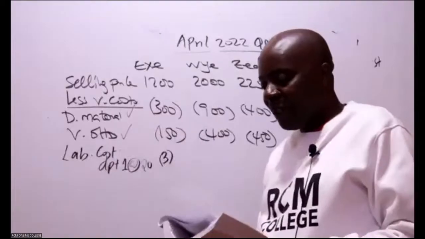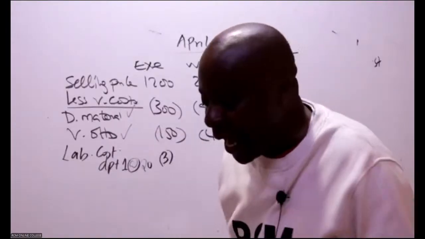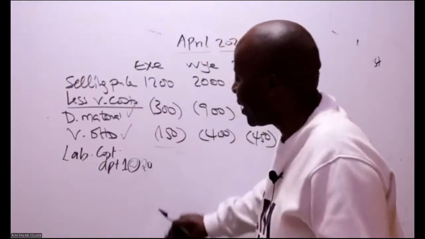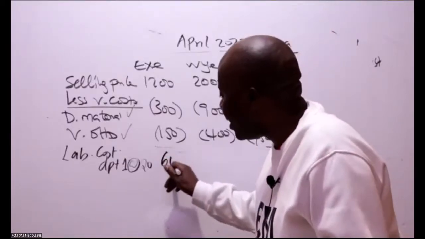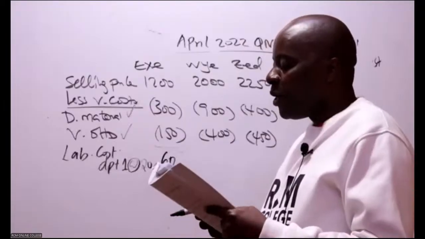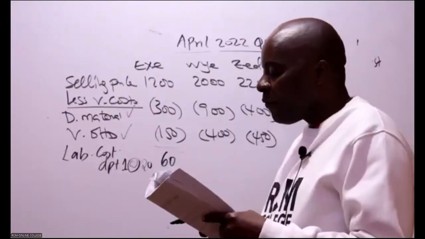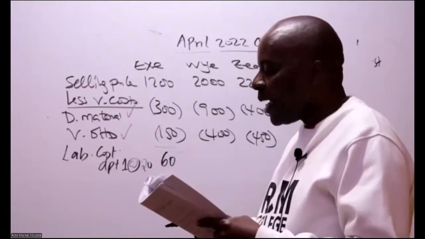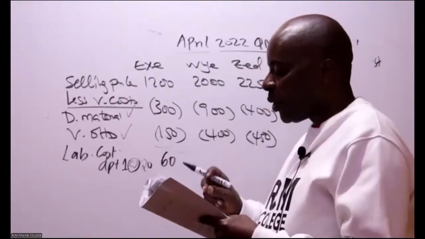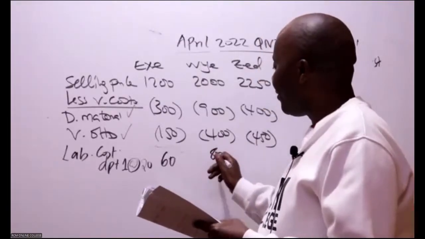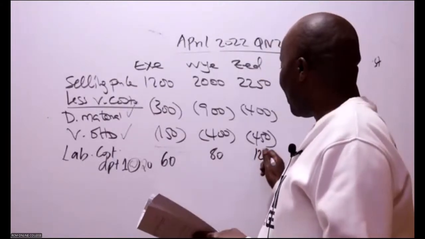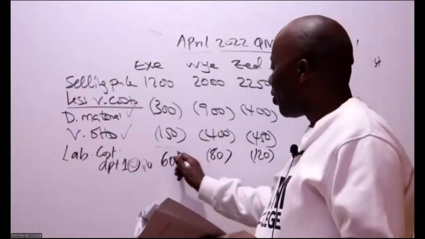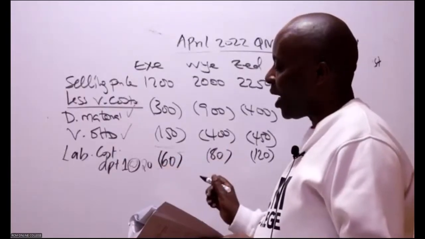We need 3 hours for X, so 3 times 20 gives me 60. For Y, 4 hours, so 4 by 20 gives me 80. For Z, 6 times 20 gives me 120. That is the labor cost under department 1.